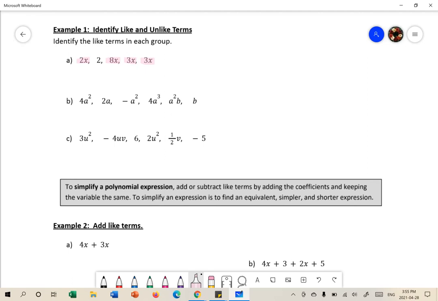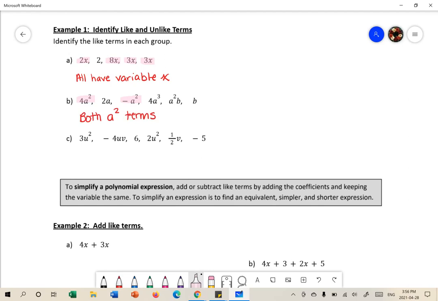It doesn't contain variable x. Next, the like terms here are 4a squared and a squared. All the other terms either have a different exponent value or an additional variable or a completely different variable.